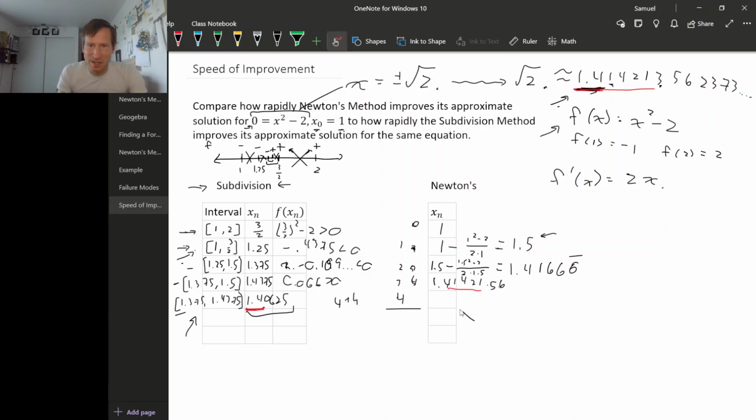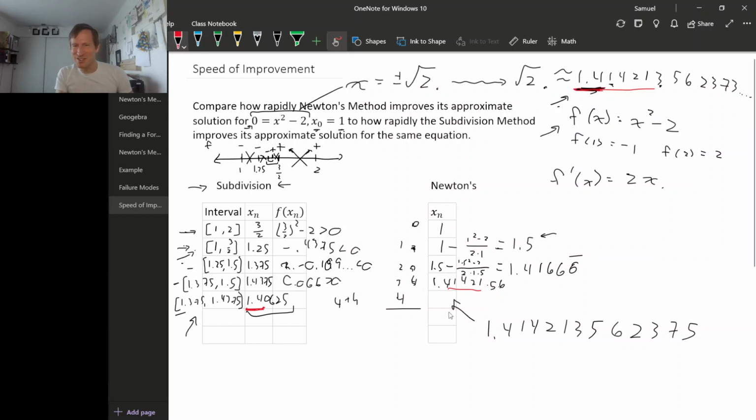And this time I get 1.41421356237. So where's our first incorrect digit? Looks like after 4 steps, Newton's method gets this correct out to the very last digit that my calculator even keeps track of. So all of these digits are correct after only 4 steps.